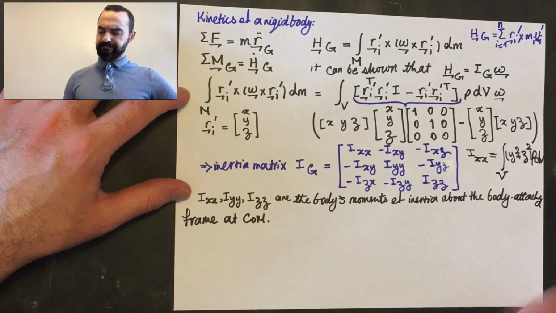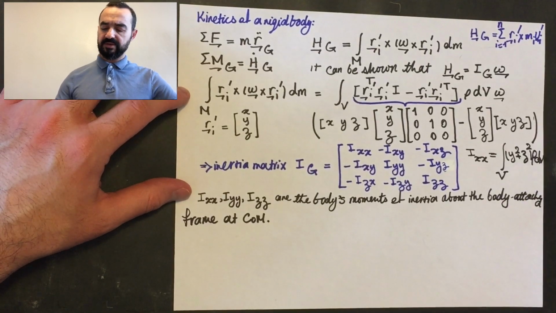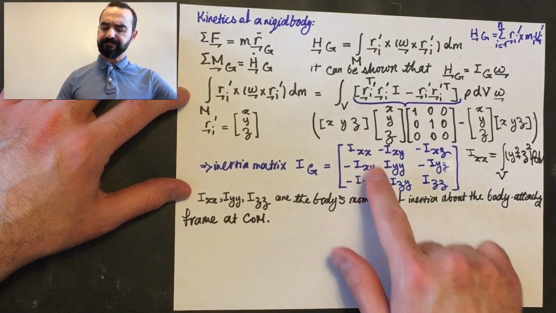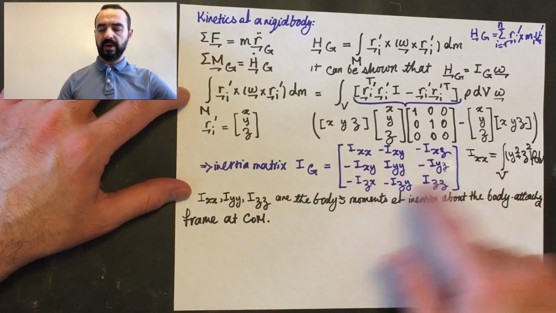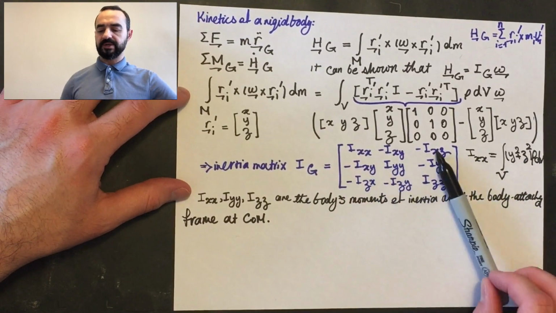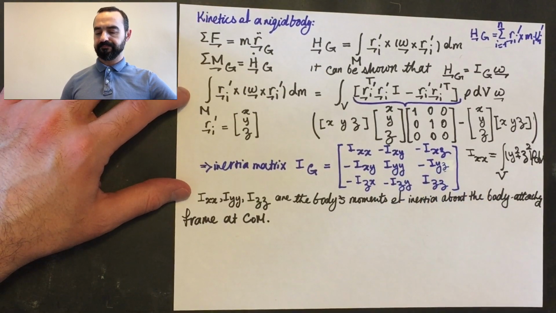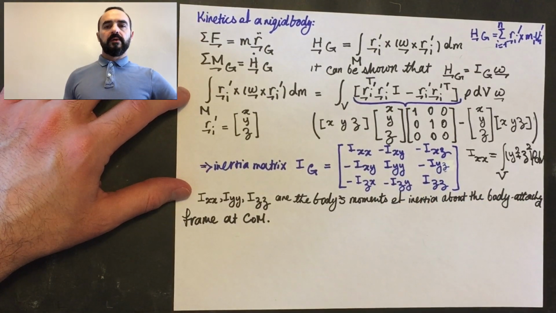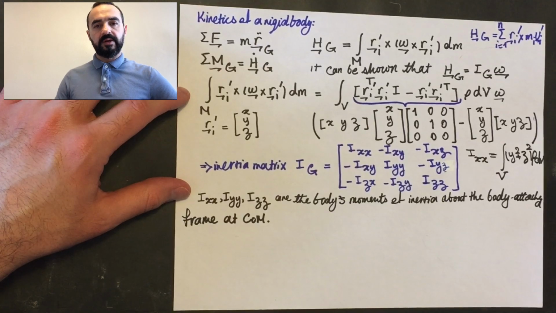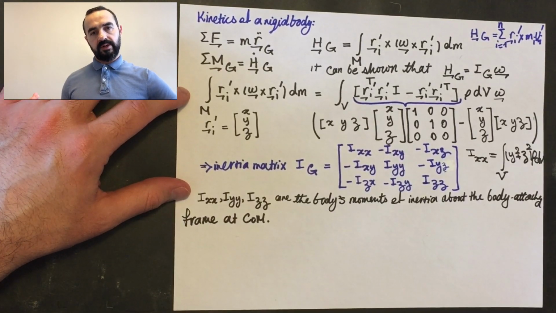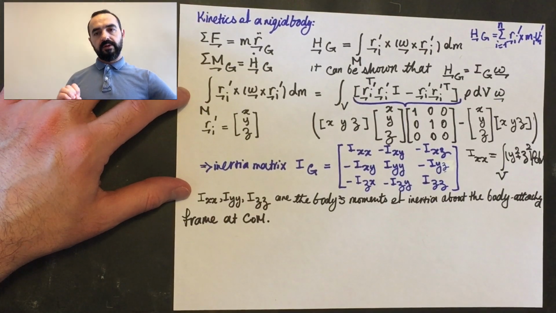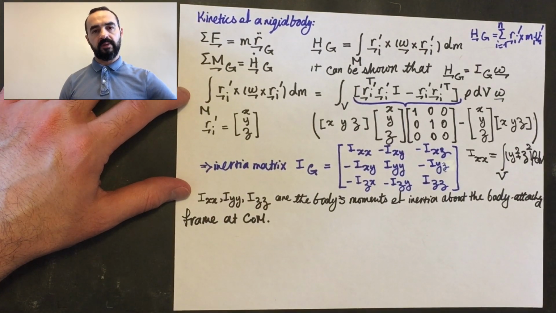All right. And you should have already noticed that this is a symmetric matrix, meaning that these two components are equal to each other. So pay very close attention here that the mass moment of inertia, or the inertia matrix, does not depend on your kinematic variables.